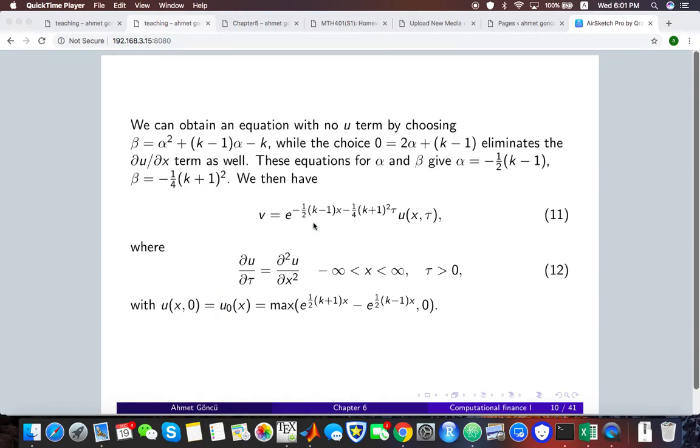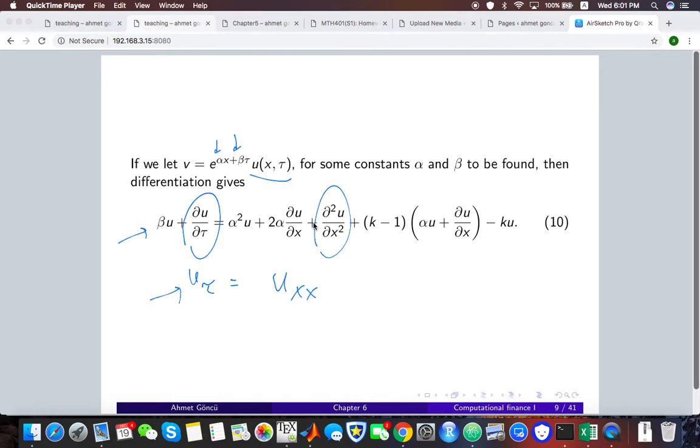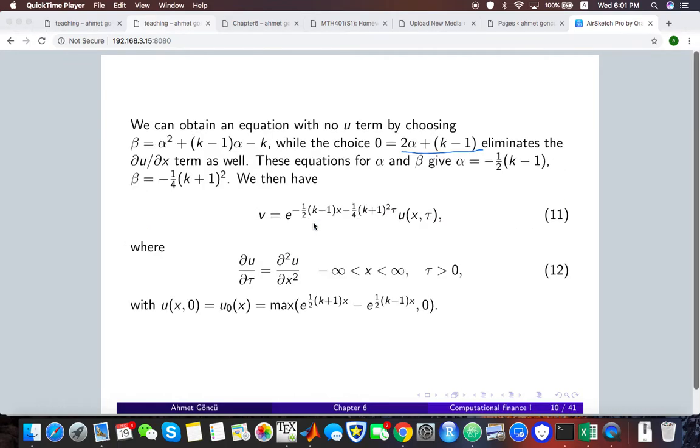We can obtain beta, and we have this choice: 0 is set equal to the 2 alpha plus k minus 1 term. So where does this 2 alpha plus k minus 1 come from? You can see we have one partial derivative for x, and another partial derivative of x is here. So it is 2 alpha plus k minus 1. We need to set this equal to 0, otherwise it doesn't disappear.